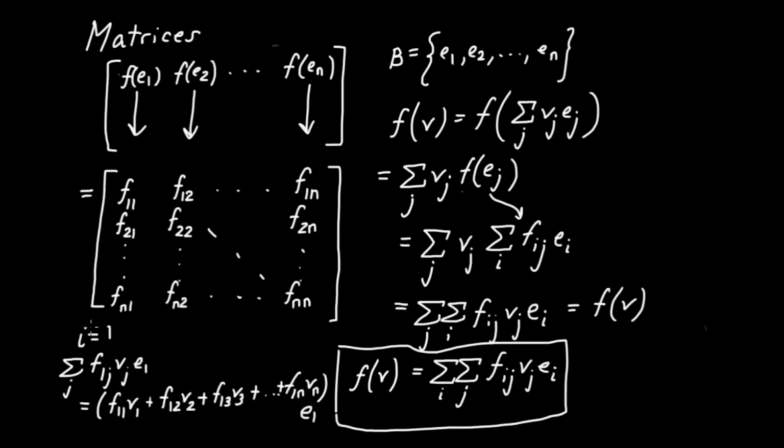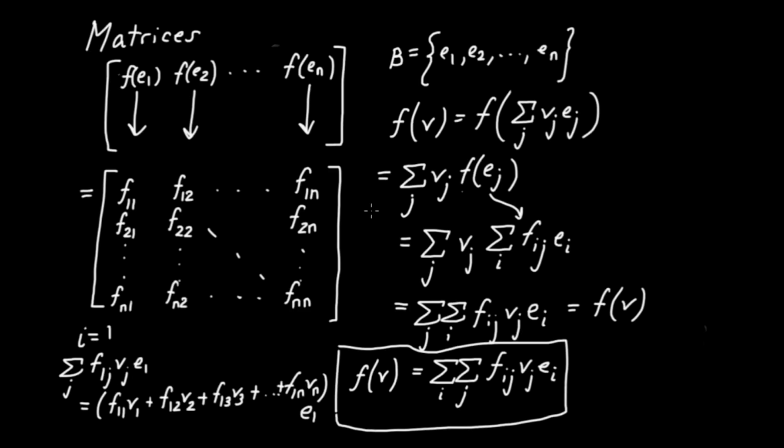And if you look at what this is corresponding to in the matrix up here, so we have f11, f12, f13, and so forth. We remain in the first row and move through each column. So we have first row, first column, first row, second column, first row, third column, all the way up to first row, nth column. Those are the left-hand factors here, there, and so forth. Then we have v1, v2, v3, and so forth.